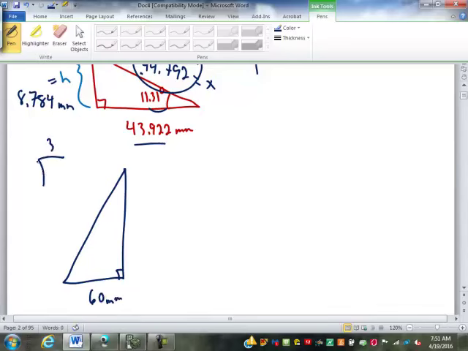And this is a 3 to 4 slope, right? So if I call this P, 4 is the vertical, 3 is the horizontal, P is the vertical, 60 is the horizontal. Cross multiply and divide, P is 80 millimeters. Make sense?